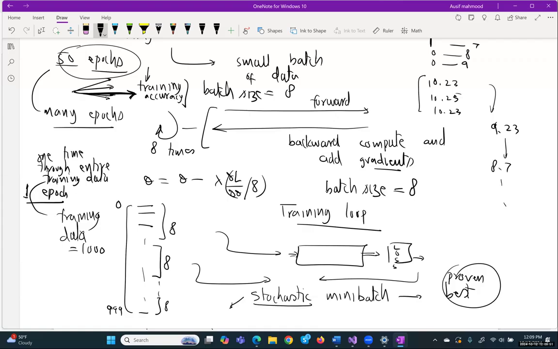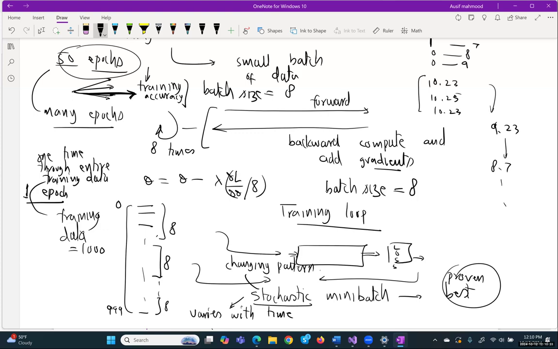In mathematics, stochastic basically means it varies with time. Here, what we mean is if we follow the exact same pattern in every epoch, meaning we feed the first batch, then the next, then the next, that is not stochastic. Every epoch, it's the exact same pattern. Stochastic means keep changing the pattern, make it completely dynamic and random.